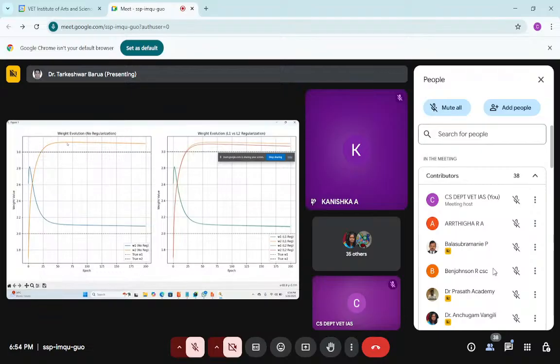You can compare with regularization and without regularization. Without regularization, you have seen it starts from zero and it takes time. But on the other hand, if you regularize the L1, L2 parameters, then the amount of computation used is less compared to the previous one. That is why it is very useful. You can see the graph.